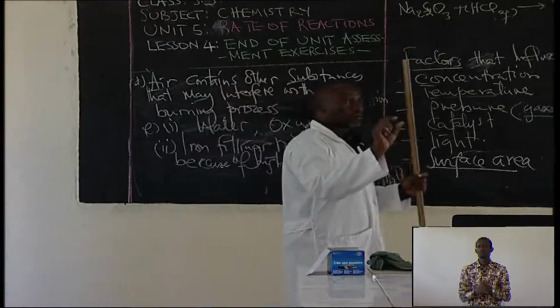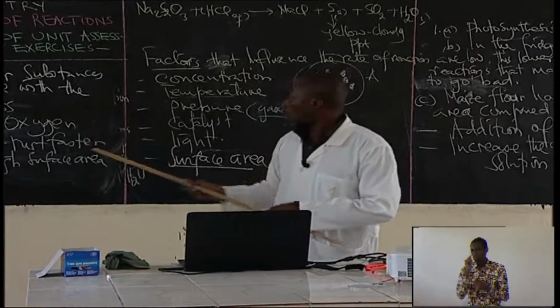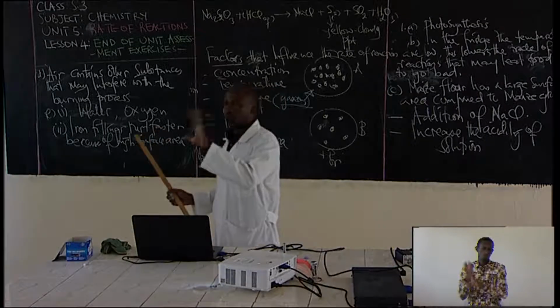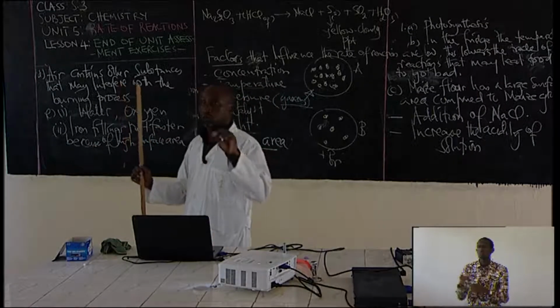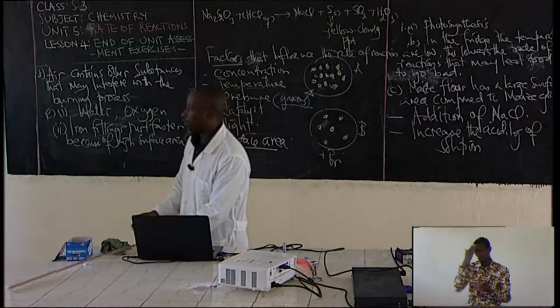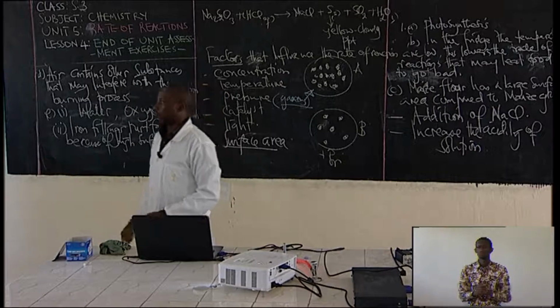So the small particles are exposed easily to the oxygen and water. Because every particle is exposed to air and water, that's why the rusting will take place faster.